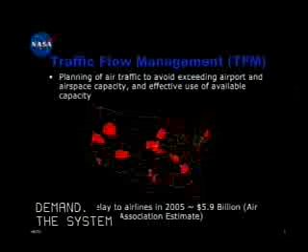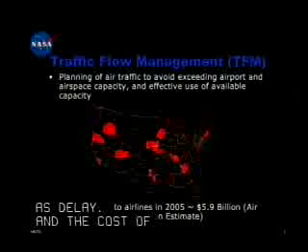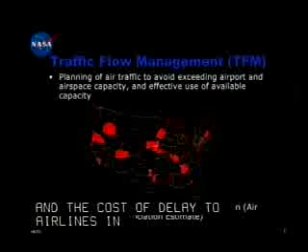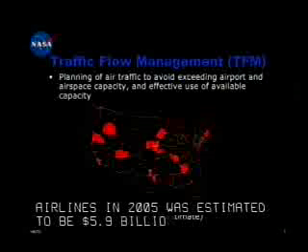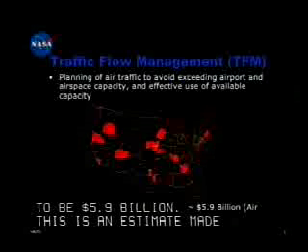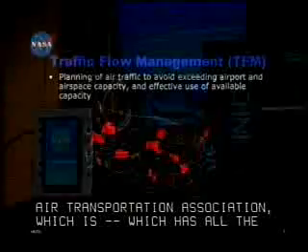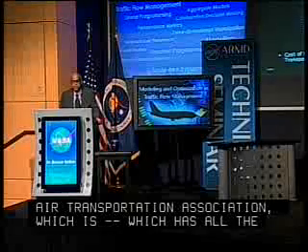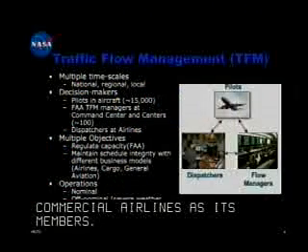And the cost of delay to airlines in 2005 was estimated to be $5.9 billion. This is an estimate made by the Air Transportation Association, which has all the commercial airlines as its members. Next view graph, please. So how is traffic flow management done, and what factors affect traffic flow management?